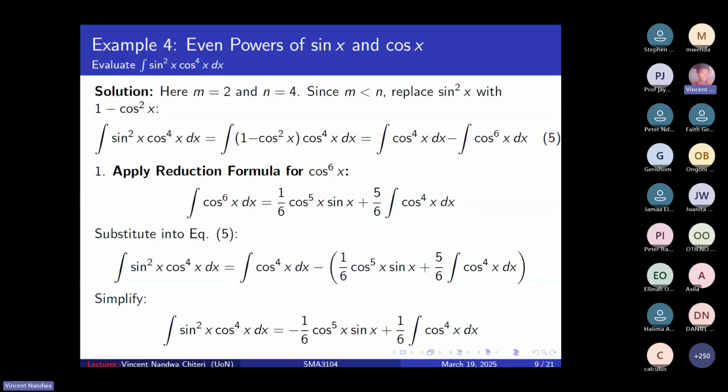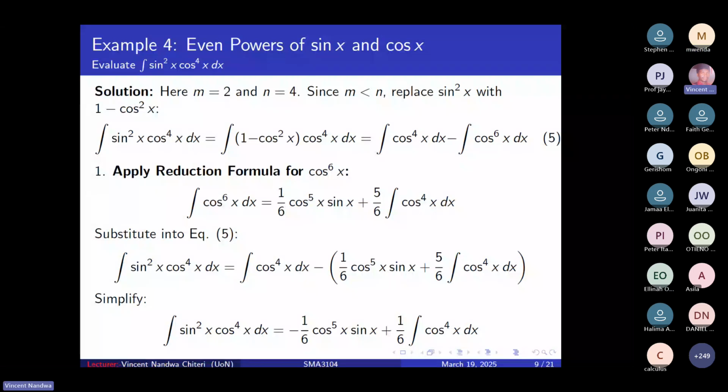What you are trying to do here when you are dealing with the even powers is to have a uniform trigonometric function in our integral such that the resulting integrands can be evaluated using the reduction formulas.